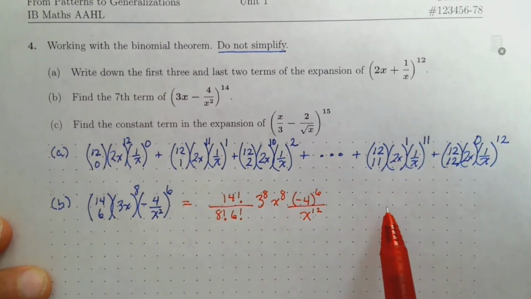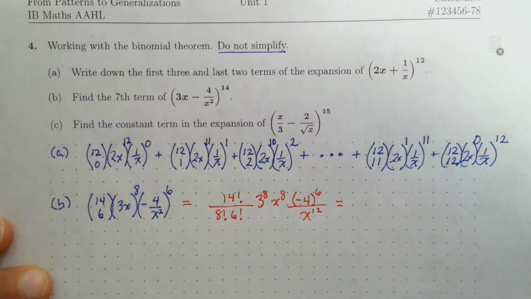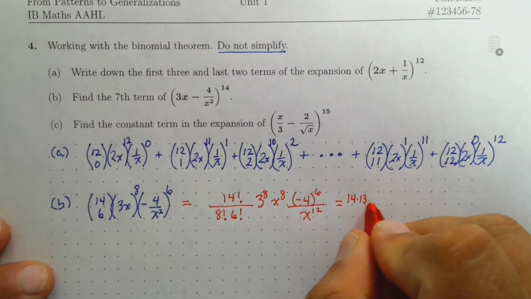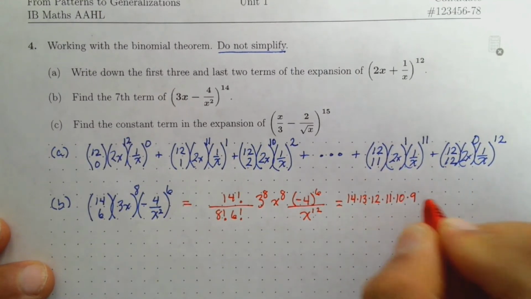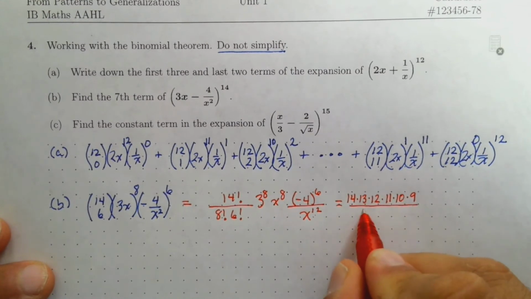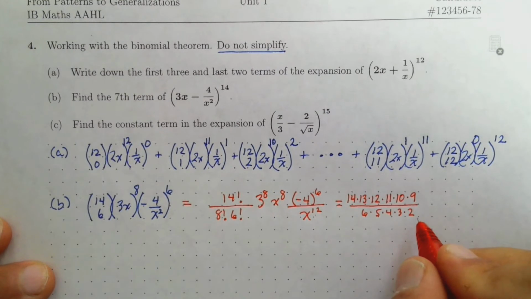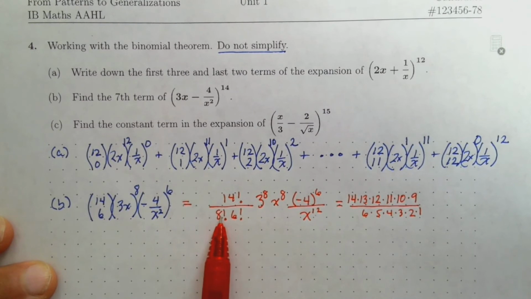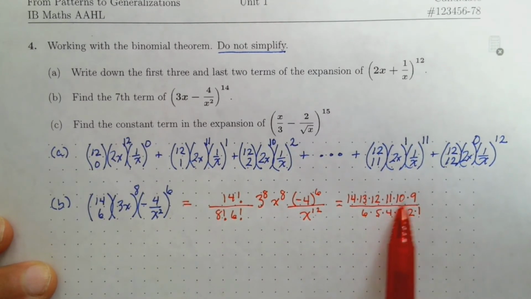In the end, what I would have here could be represented, not fully simplified, by 14 times 13 times 12 times 11 times 10 times 9 divided by 6 times 5 times 4 times 3 times 2. And there is an implied 1 there, so we'll go ahead and add it. That's because 14 factorial divided by 8 factorial is just going to be 14 times 13 times 12 times 11 times 10 times 9.